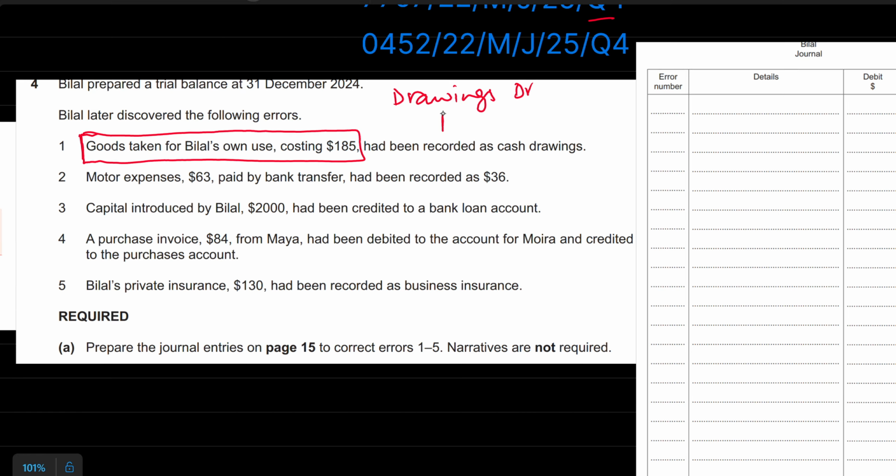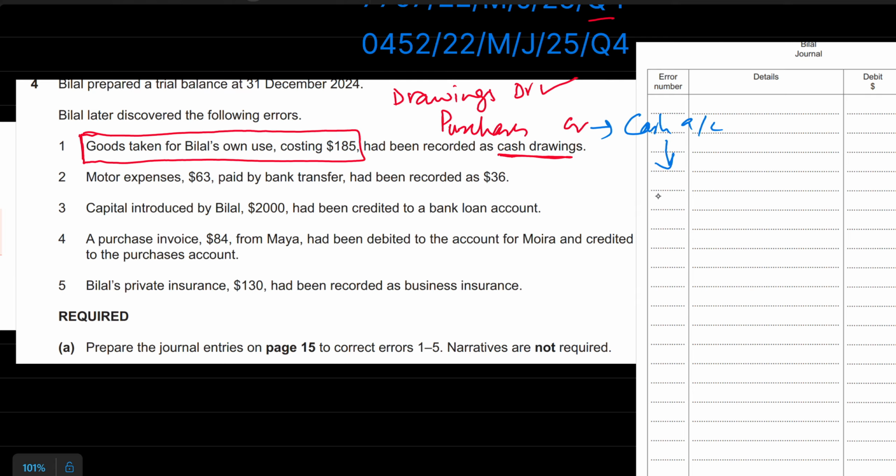When the owner takes goods for personal use, purchases are credited. Now let us see what the error was. It was recorded as cash drawings. It means drawings was correctly recorded, but instead of crediting purchases, we made a credit entry in the cash account.